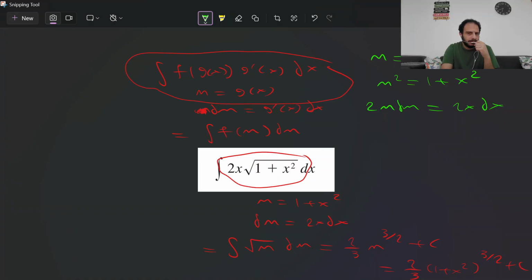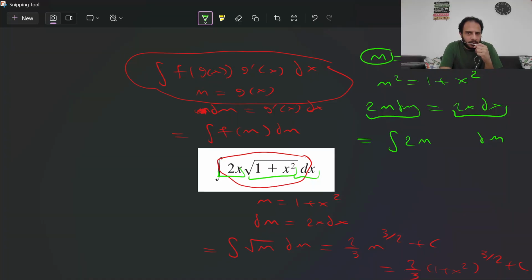Good. Now you substitute in the integral. So see here, you have 2x dx, but this equals 2m dm. So 2m dm, and what's the square root?